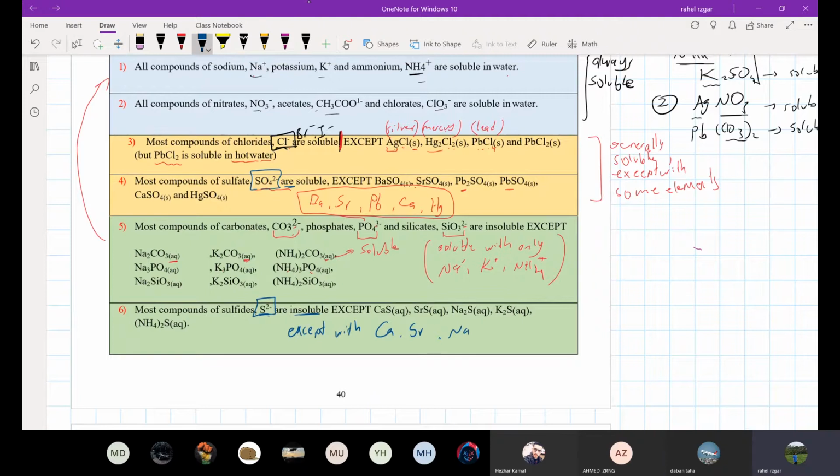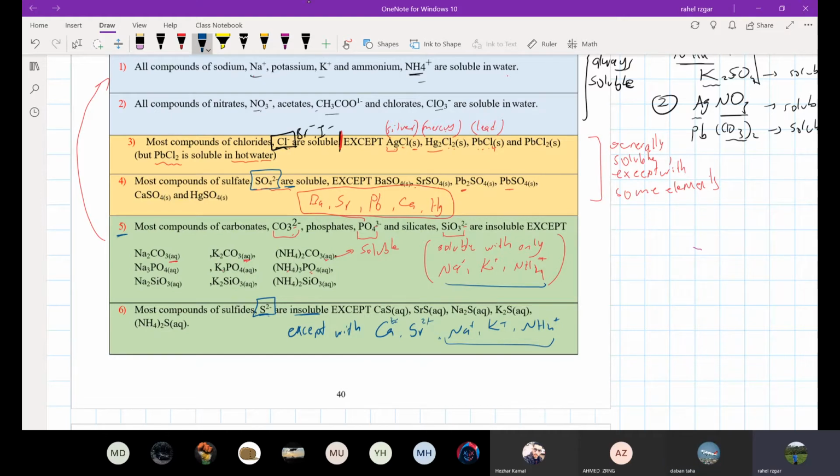Sodium is always soluble. K, potassium is always soluble, and NH4. So sulfides are just like rule 5, which are insoluble except with these 3. So the same 3 are also present here.